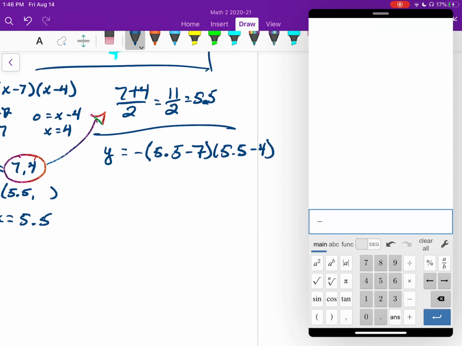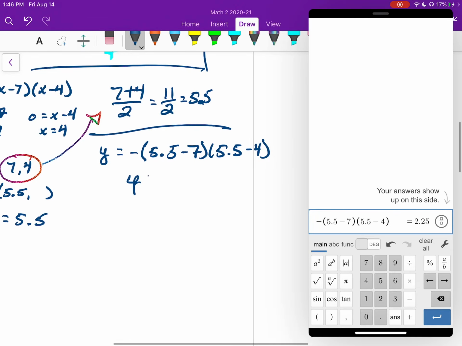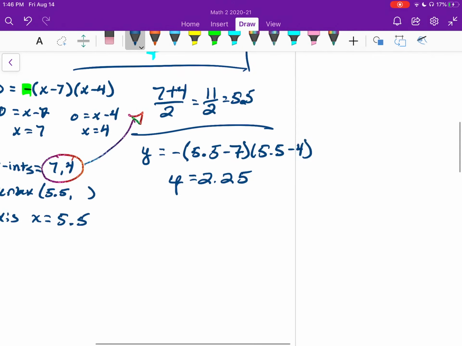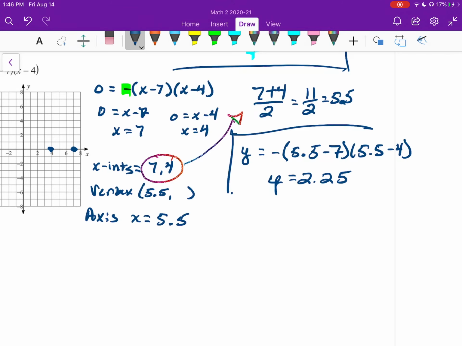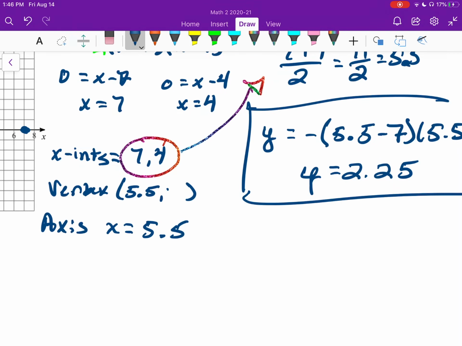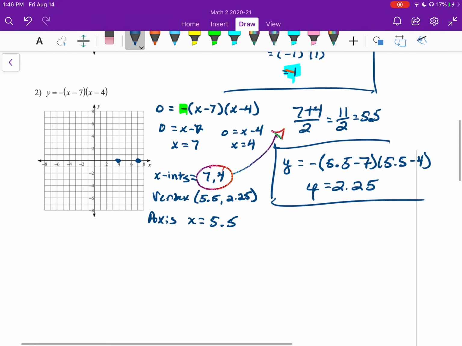I've got negative parenthesis 5.5 minus 7, 5.5, is it minus 4? There we are. All right, and I got 2.25. Okay, thank you, Desmos. There's our vertex.